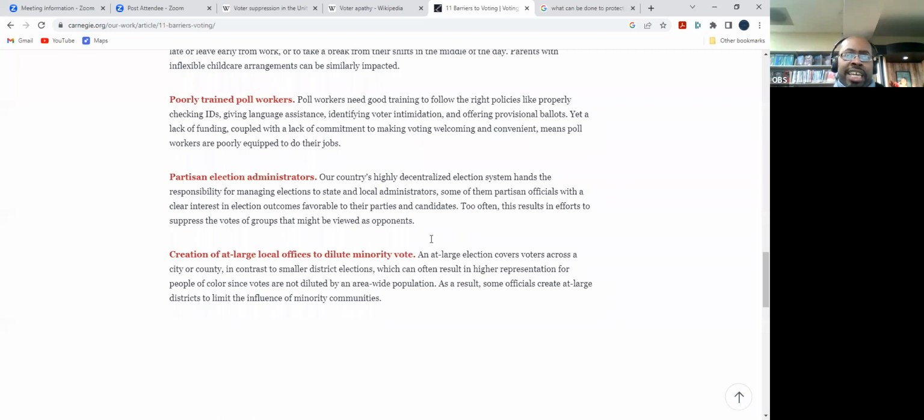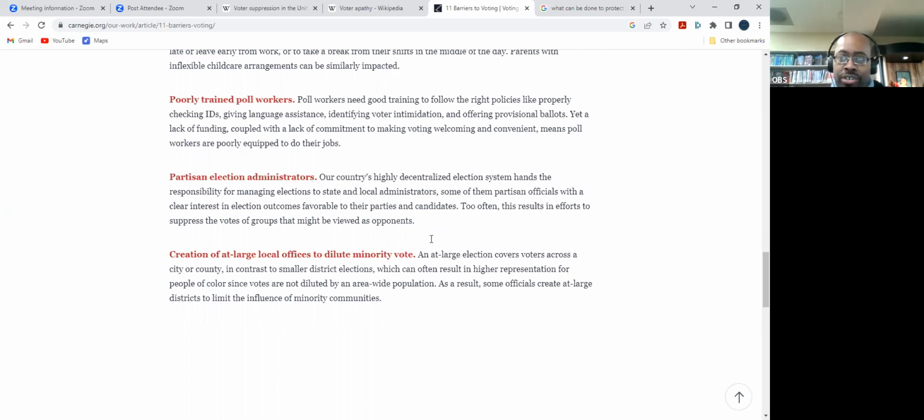So one of the things that they do to promote this is called gerrymandering. Gerrymandering involves drawing district lines, whether it's city, county, state, or federal. They draw the lines in a way that would take power away from a minority group in order to favor one party over another.